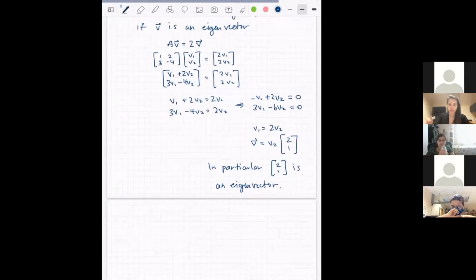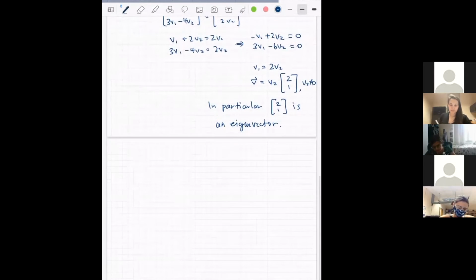I meant, like, do you need to clarify for all V2 not equal to 0? Right. Yeah, I mean, I guess it's good to do that, yeah. Okay, cool. Right, yeah.